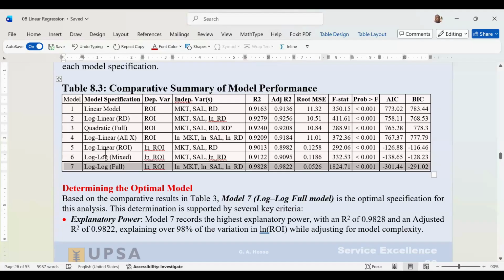So usually it's good to compare all the models where you transform the dependent variable, like the 5, 6, and 7 together, and compare the ones where you did not transform the dependent variables. You also compare them together.